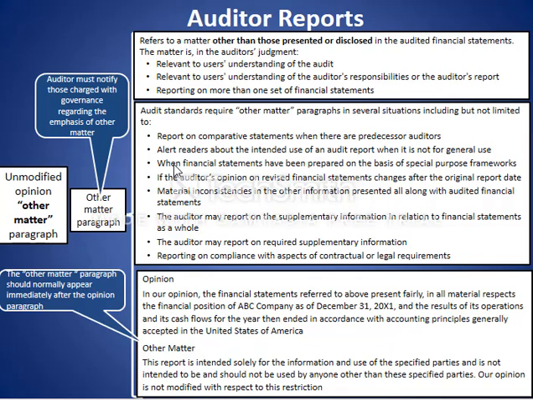When financial statements have been prepared on the basis of special purpose frameworks, such as other comprehensive bases of accounting. If the auditor's opinion on revised financial statements changes after the original report date. Material inconsistencies in the other information presented along with audited financial statements.